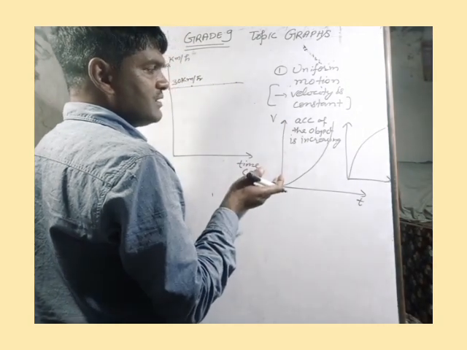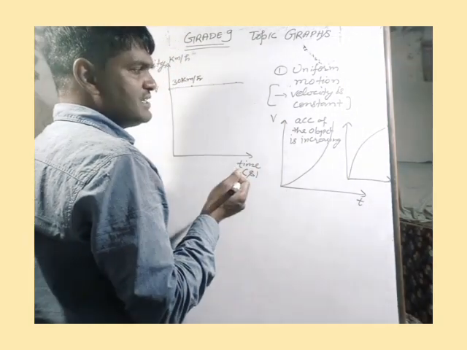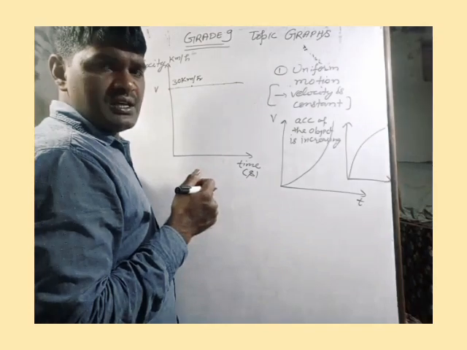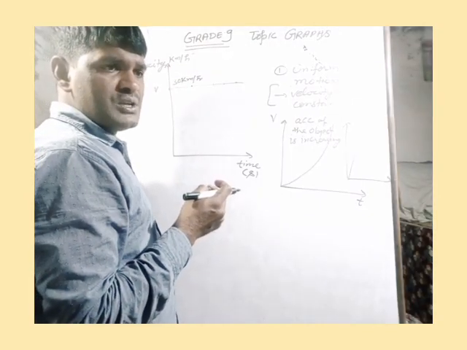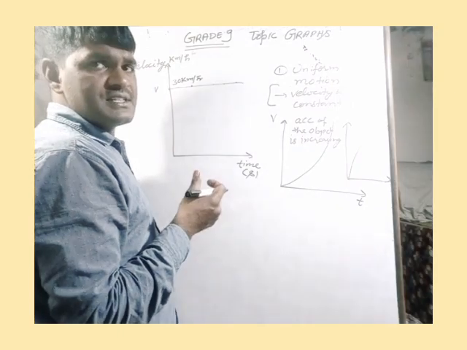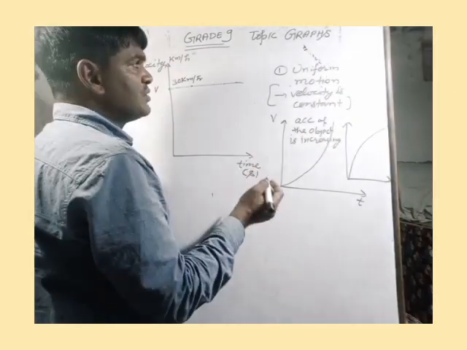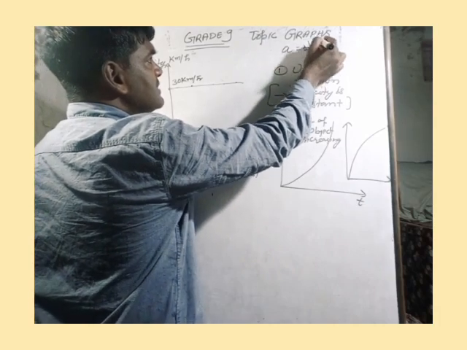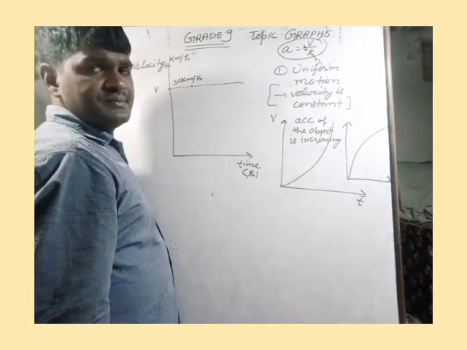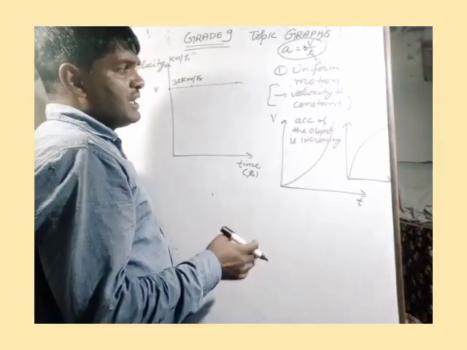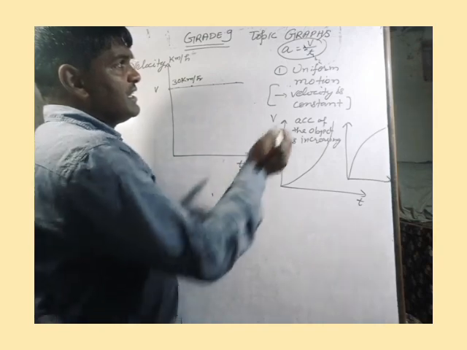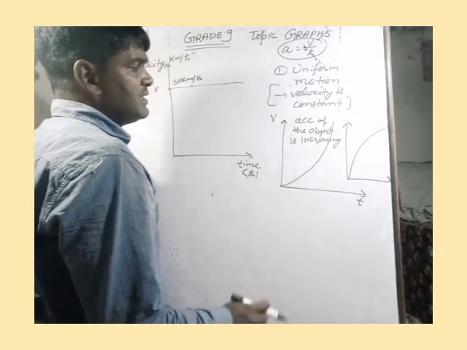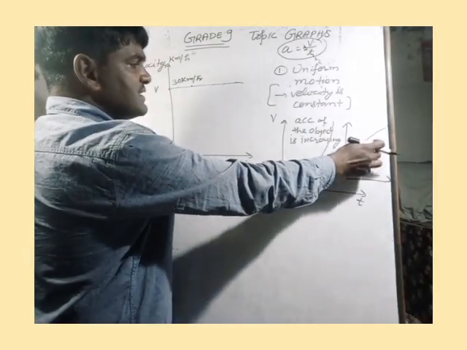How can you say that acceleration is increasing? No doubt, velocity is increasing itself. When velocity increases, only then can we say that acceleration is increasing, because acceleration has that formula, v upon t, the simplest formula for acceleration. So when acceleration is increasing, it will depend upon the velocity. Okay, so here you can say that acceleration is decreasing.